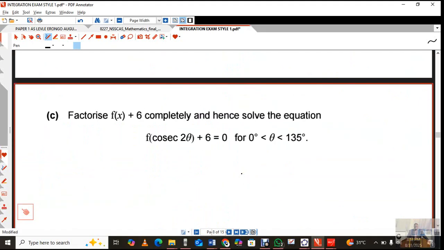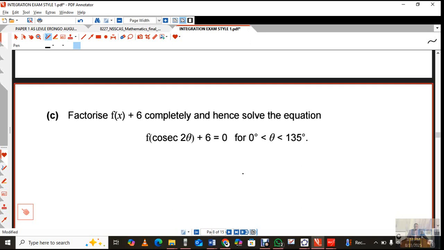We have now a scenario where we are told that we are supposed to factorize f of x plus 6 completely. So I'm going to do it in steps.